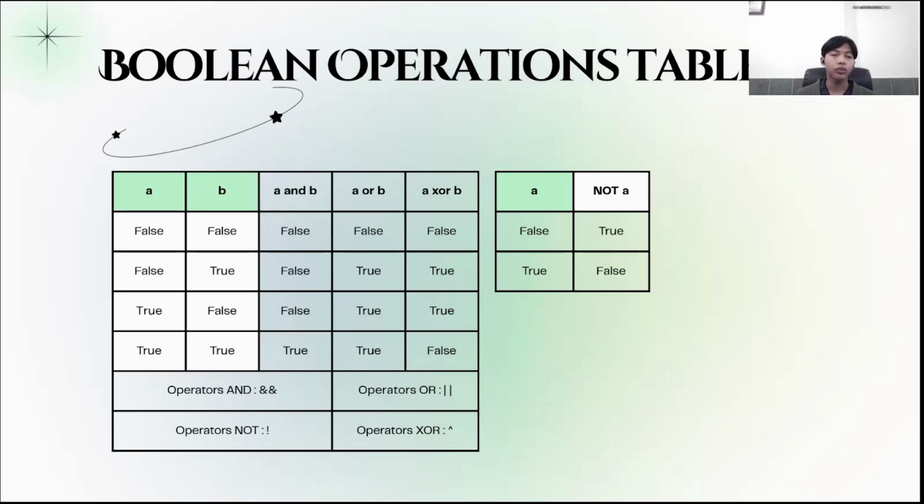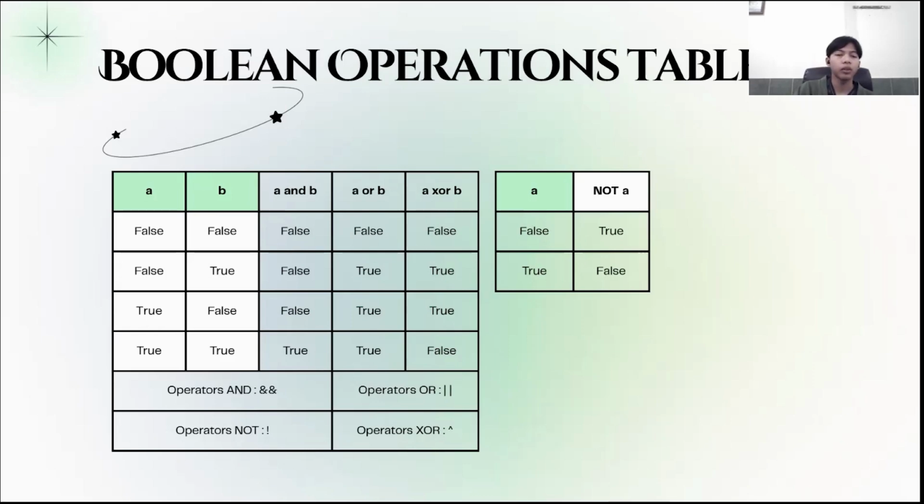If one of the two variables has a true condition, the AND logic gives false, the OR logic gives true, and the XOR logic gives true. If both have a true condition, the AND logic gives true, the OR logic gives true, and the XOR logic gives false.